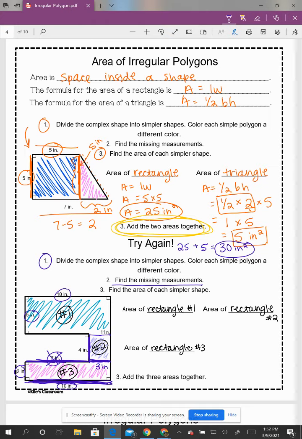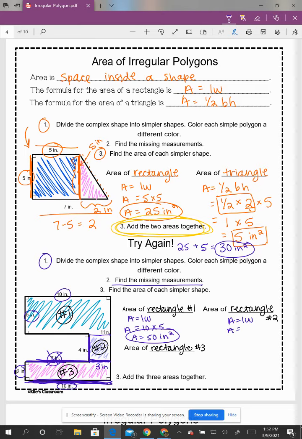We're going to start with rectangle number 1 with the formula, area equals length times width. When I fill this in, 10 is my length and 5 is my width. The area of rectangle number 1 is 50 inches squared. Let's go to rectangle number 2. Start with the same formula.